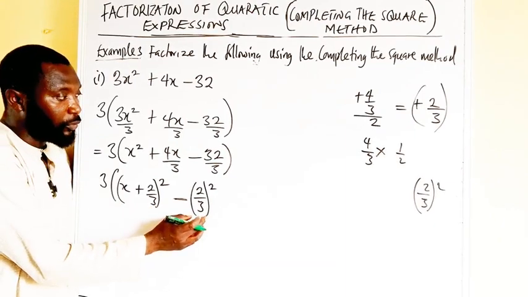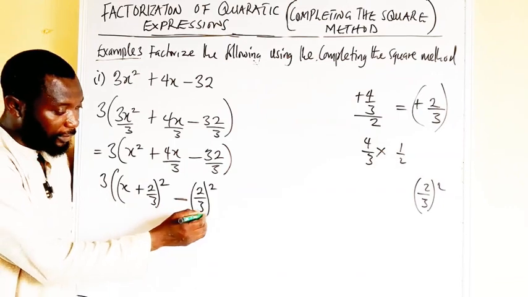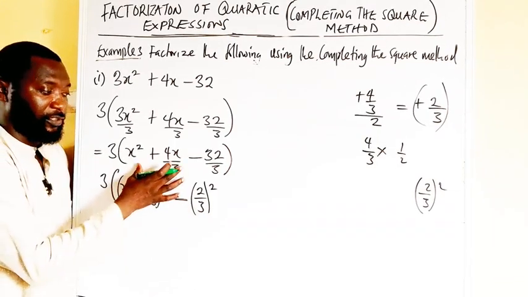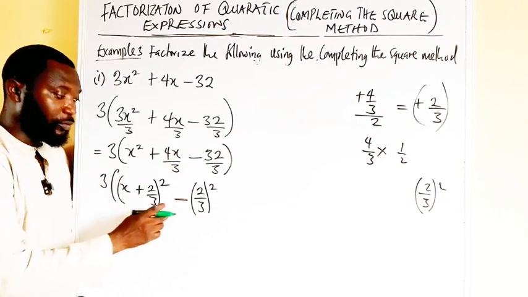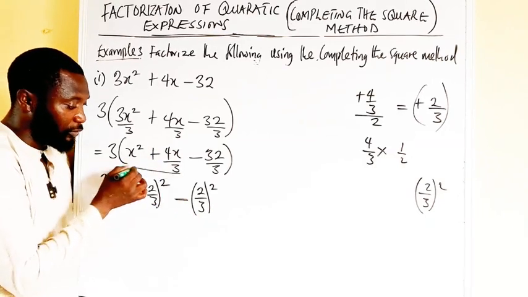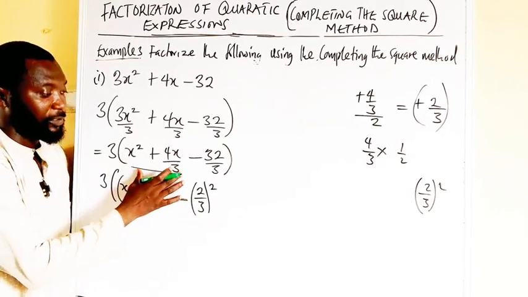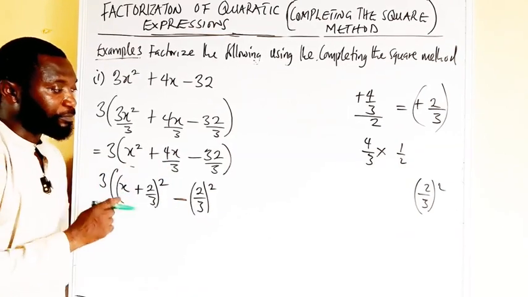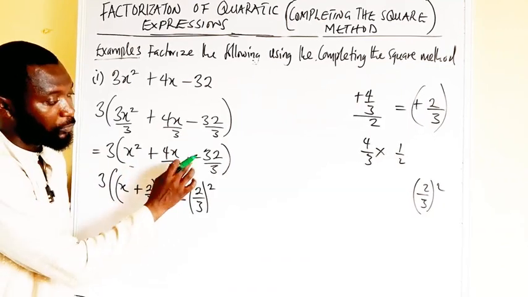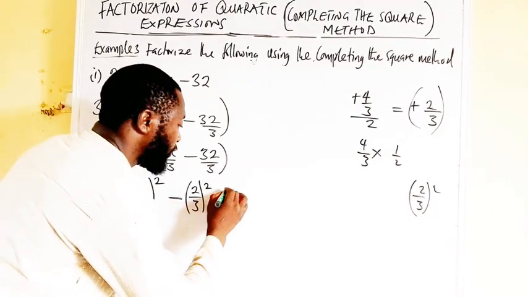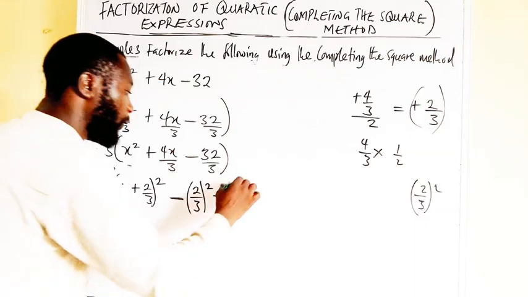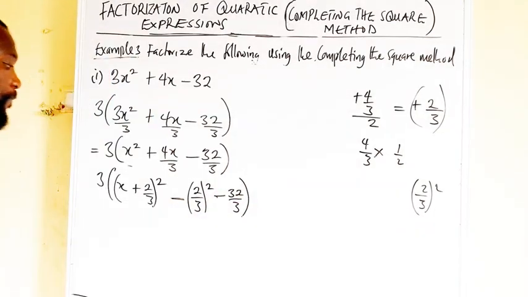Take this from it. Everything we have here is still equivalent to this. By the time you expand, do addition and subtraction, you still get what I have here. Just these two. All this will give you back this. Since everything here is equivalent to this, we still have minus 32 over 3. Then close your bracket.